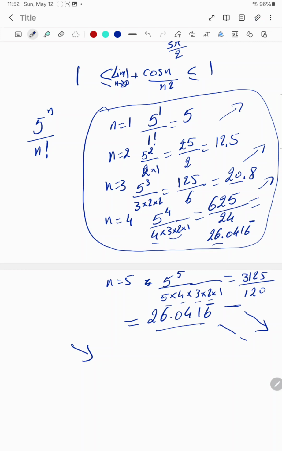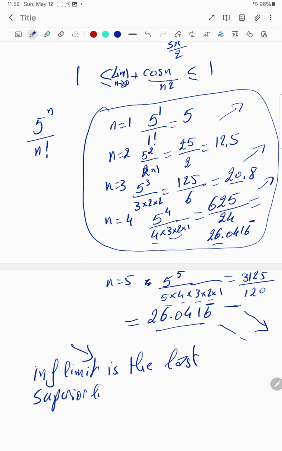And the inferior limit of that series, because it is descending, is the last item in my series. So my inferior limit is the last, and my superior limit is the first. And in that case, my inferior limit, this is 5 to the power of n divided by n factorial, yeah?